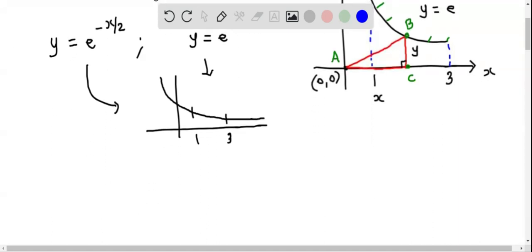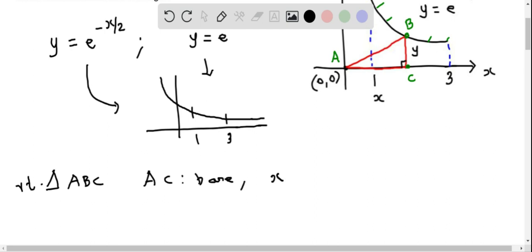So we have this triangle ABC, which is a right triangle. In this, to find the area, we need to know the base as well as the height information. Notice that AC is the base of the triangle, which is varying, that is x.